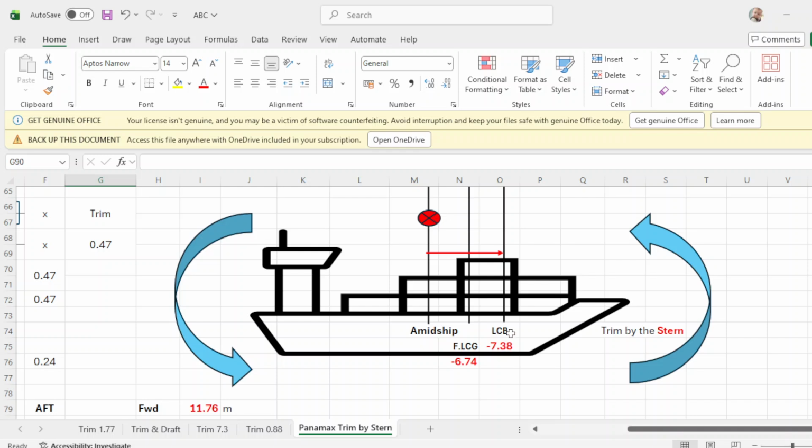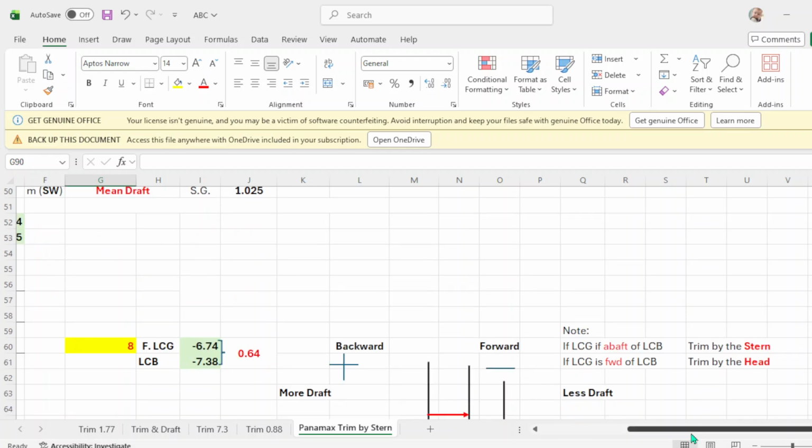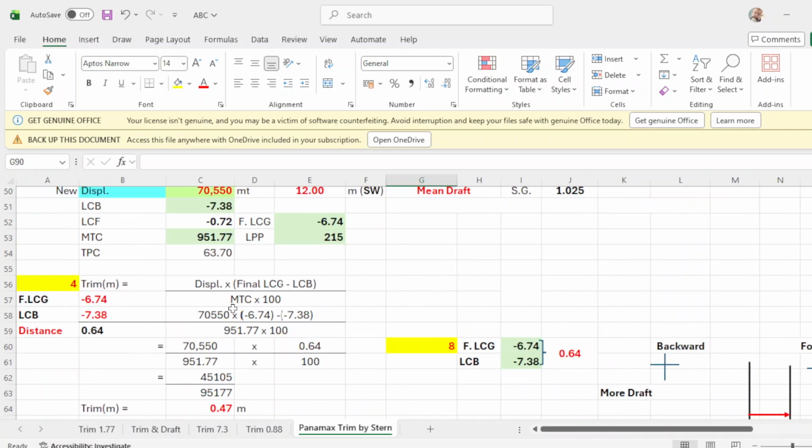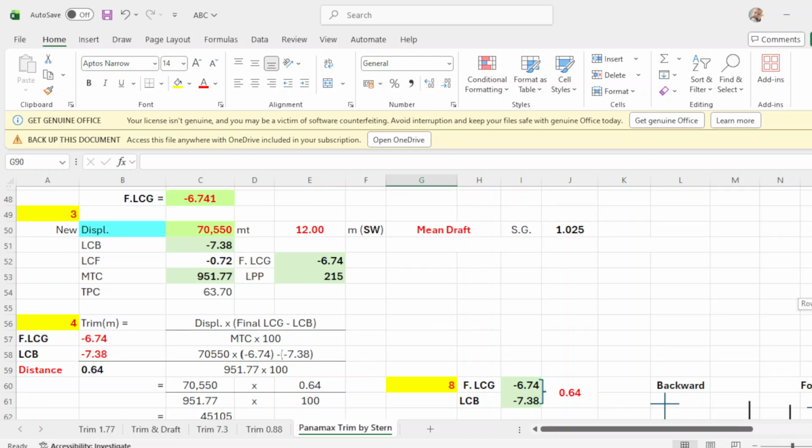And your LCB is negative 7.38. Okay, LCB is negative 7.38. From your draft of 12 meters and your final displacement of 7055, your LCB is negative 7.38.